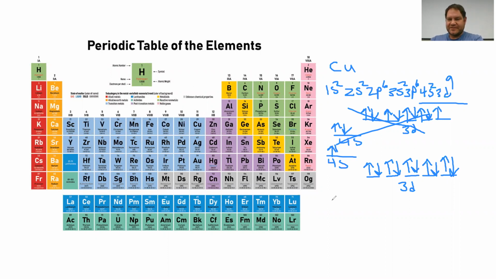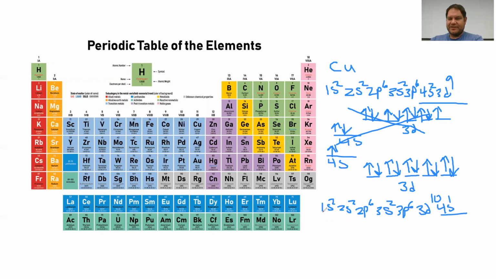So the electron configuration for copper would be essentially 1s2, 2s2, 2p6, 3s2, 3p6, 3d10, and then 4s1, okay? With that being the valence shell.